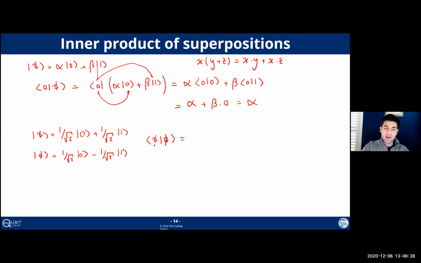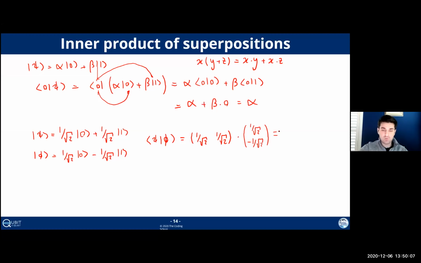So here I have the bra of psi, which I can write as, again, a row vector, 1 divided by square root of 2 as the first entry and 1 divided by square root of 2 as the second entry. So this is what we've already seen. And I'm taking the overlap with a column vector now, since phi is a ket, with 1 divided by square root of 2 as the first entry and minus 1 divided by square root of 2 as the second entry.